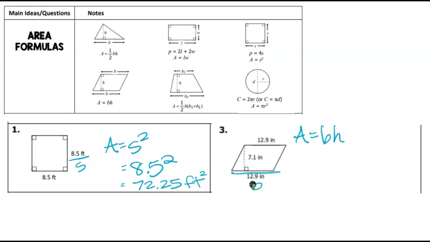That's my base, and then my height is going to always be perpendicular to that, 7.1. So I'm going to take 12.9 times 7.1, and I get 91.59 here. It is inches, and we're going to have that squared.